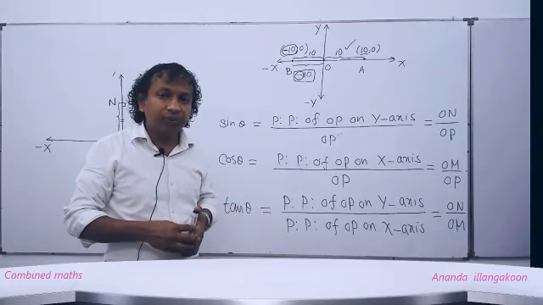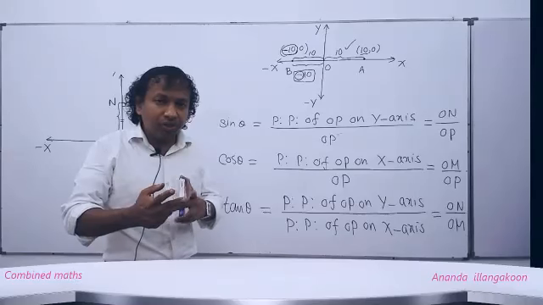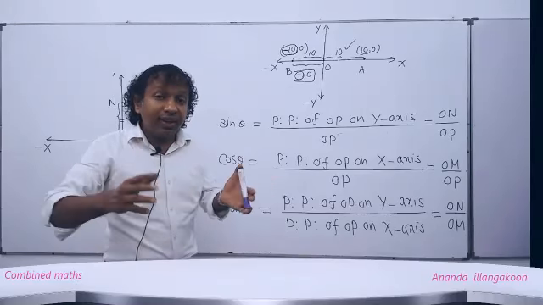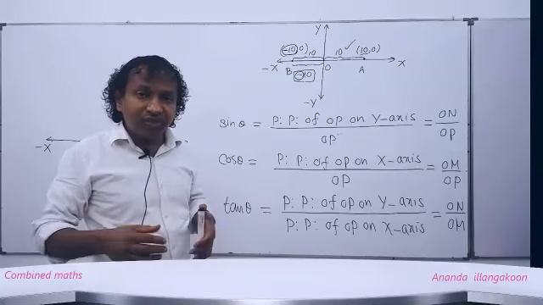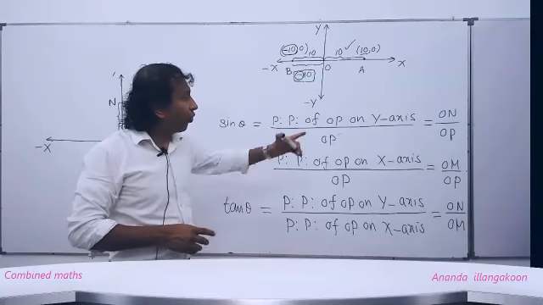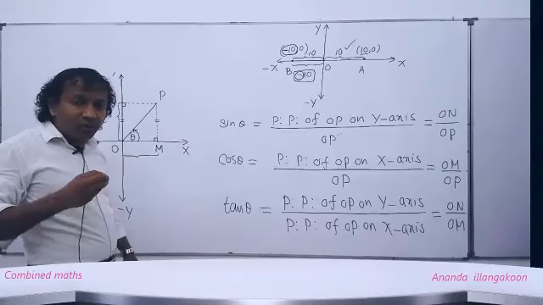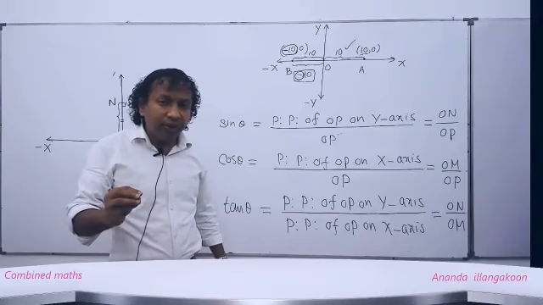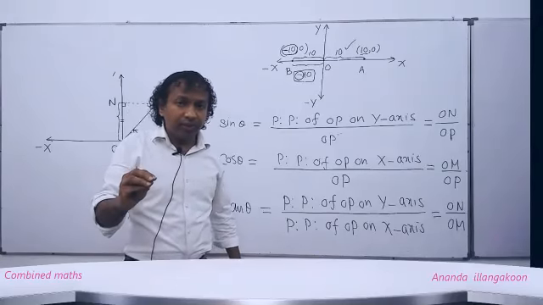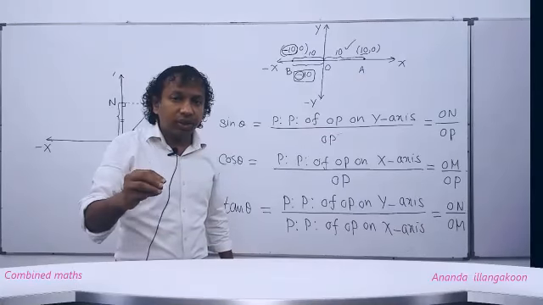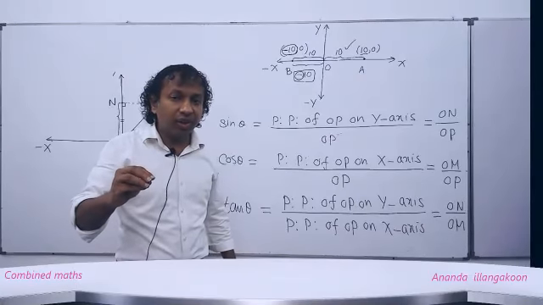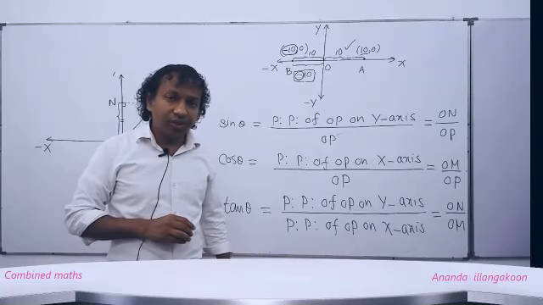Due to this, the sine theta, cos theta and tan theta values will take different signs in these four quadrants: first, second, third and fourth. Now our effort is to find the sign, positive or negative, of sine theta, cos theta and tan theta for each quadrant.